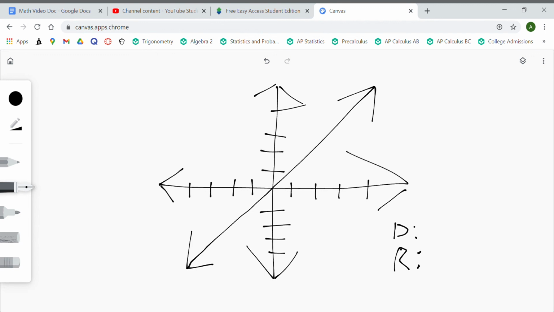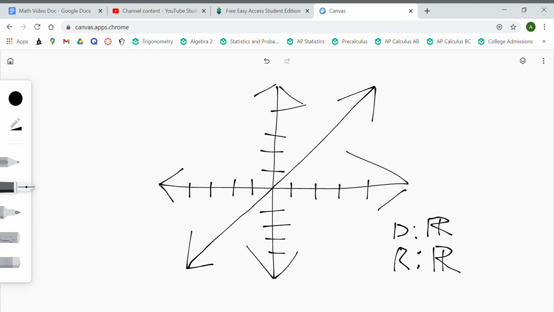So we can describe the domain and range as all real numbers, which would be best represented by these symbols. Alright, so that is how we identify functions, and those are the different properties of functions.